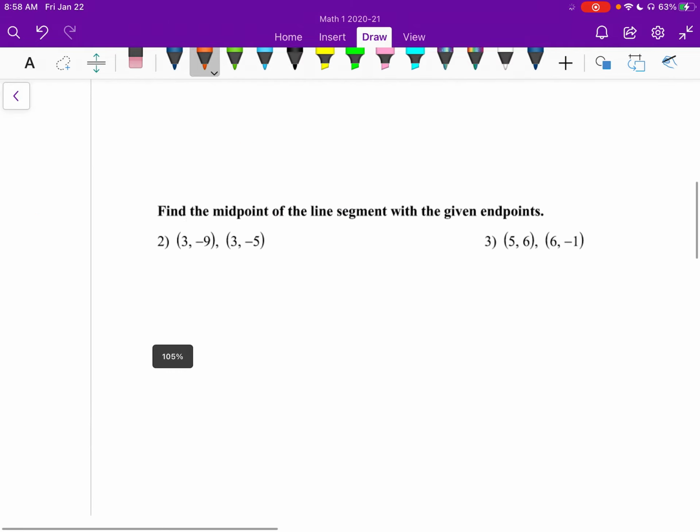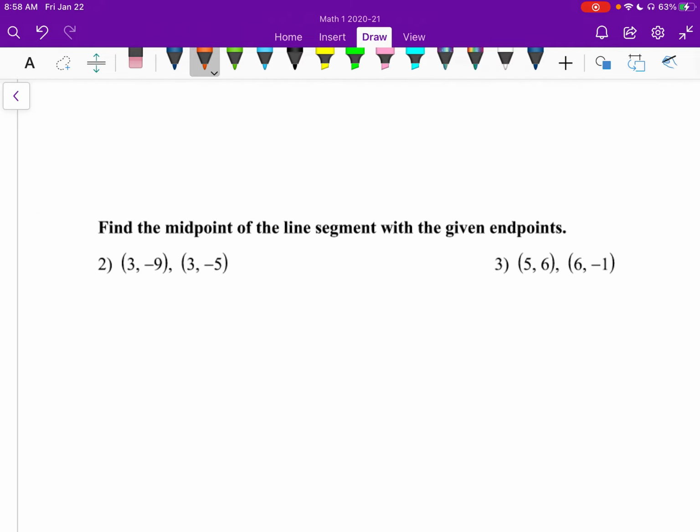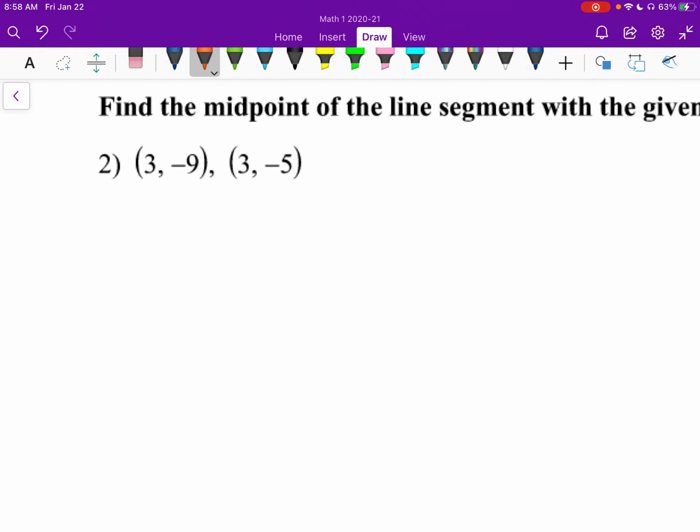So let's look at number 2. We're supposed to find the midpoint of the line segment with the given endpoints. We don't really need to graph, we just need to use our formula. We're going to find the average. Here are my x's, here are my y's. I'm going to add them up and divide by 2. For the x's, 3 plus 3 over 2 is 6 over 2, which is 3.